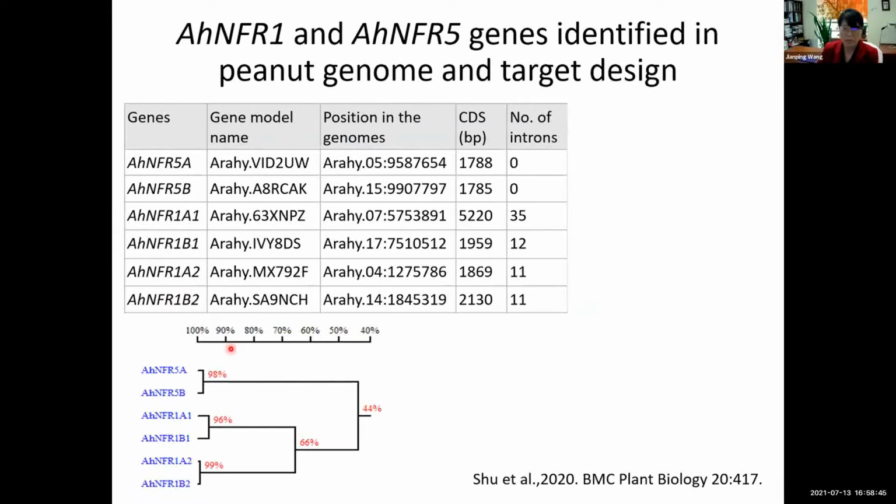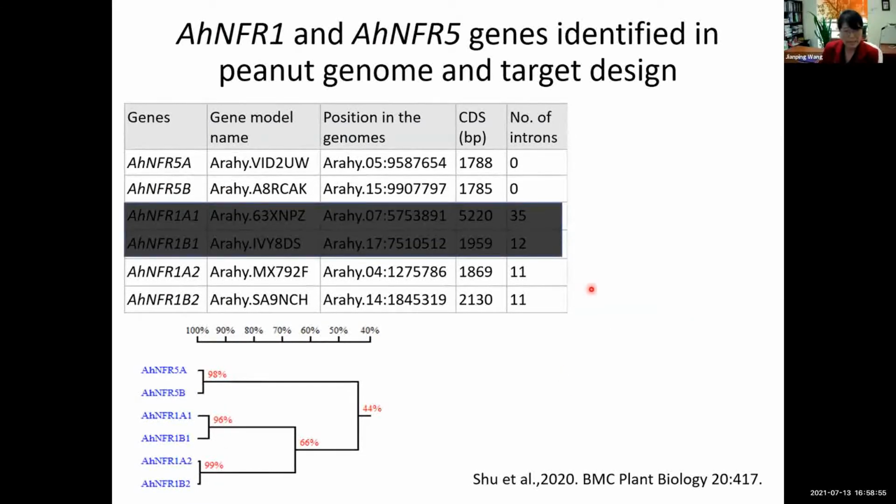Because of the close relationship of the subgenomes, the sequences of these genes are highly identical, as we can see here. We also evaluated the expression levels of these 6 genes, and we found that for one pair the expression level is very, very low, specifically when the root is infected by rhizobia.